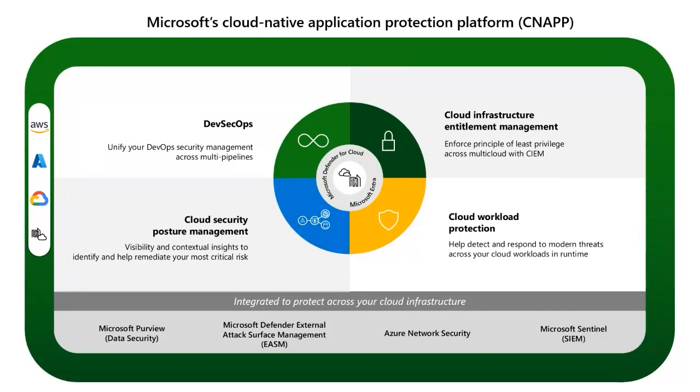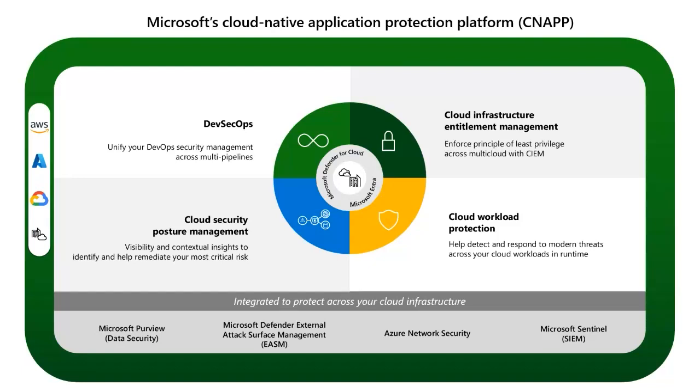If you look at this slide, Defender for Cloud addresses all of these requirements. Defender for Cloud addresses the need for shifting security to the left through DevSecOps integration. Our new Defender for DevOps plan empowers security teams with the ability to protect applications and resources from code to cloud across multi-pipeline and multi-cloud environments.